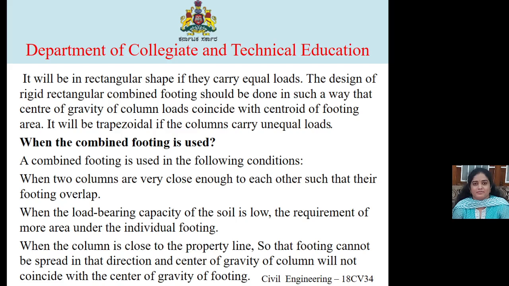This situation very often comes up on a site, especially in a city like Bangalore, where you have a very restricted place. You cannot extend on any side. You have a very restricted boundary. In those cases, this type of problem is common, and you can go for a combined footing.